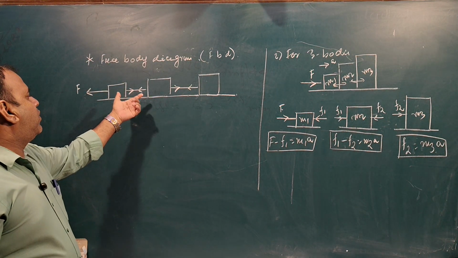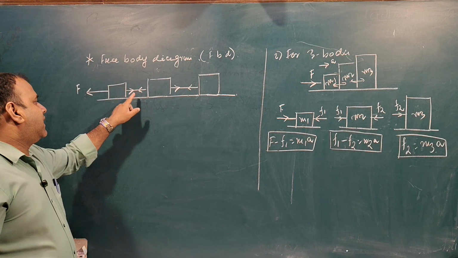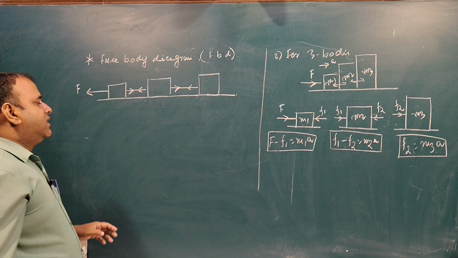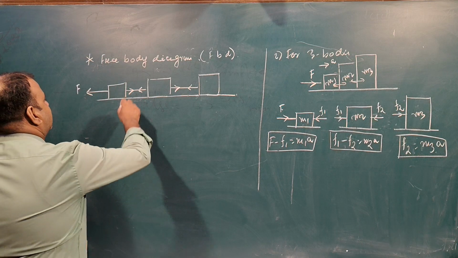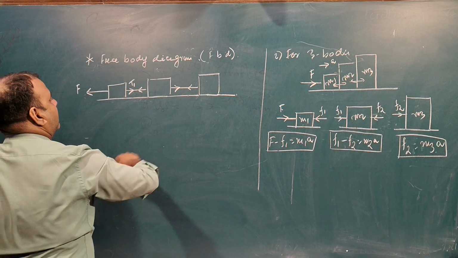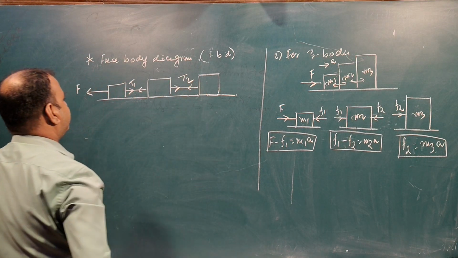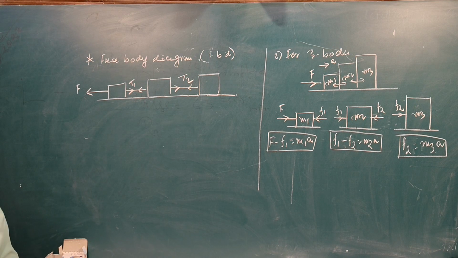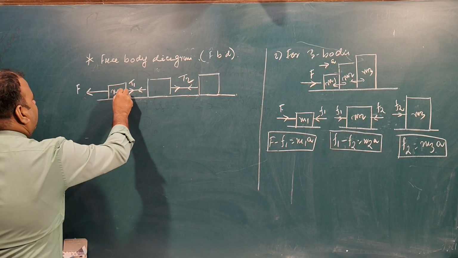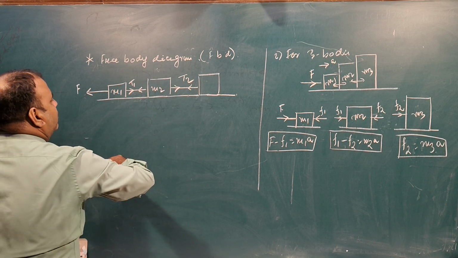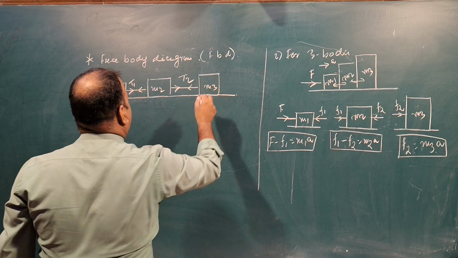But if the bodies are connected with a thread, there will be tension. This tension can be represented as T1 and T2. Here the body is M1, here M2 and here M3.